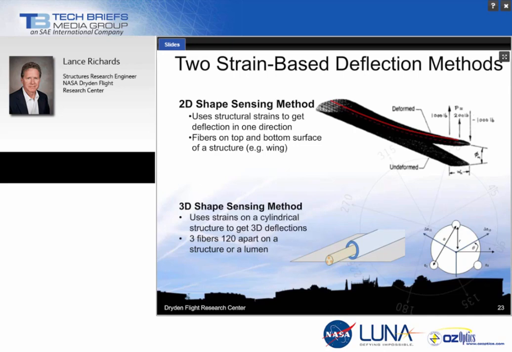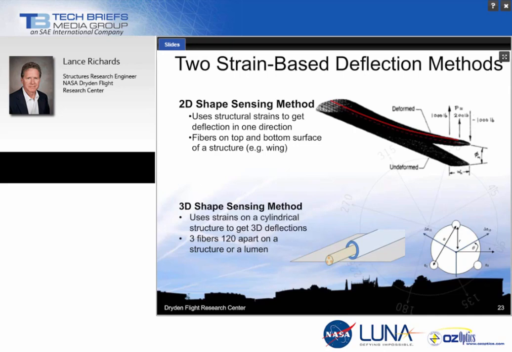The reason we call it 2D shape is that you can use multiple fibers running from root to tip, and if you know the deflected shape ahead of time, like on a wing or on a beam, then this method allows you to get a two-dimensional mapping of the deformation as it's subjected to its load. So that is a technique for beams or beam-like structures that are cantilevered or simply supported or what have you.